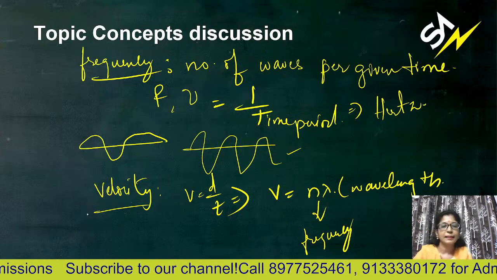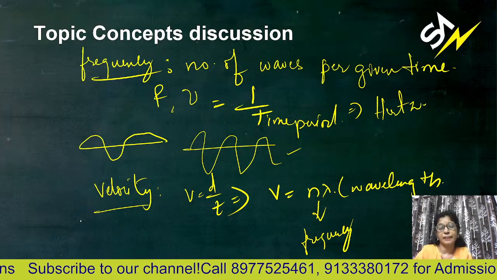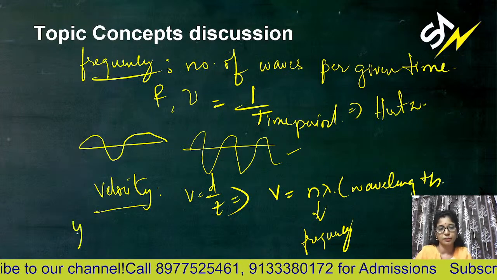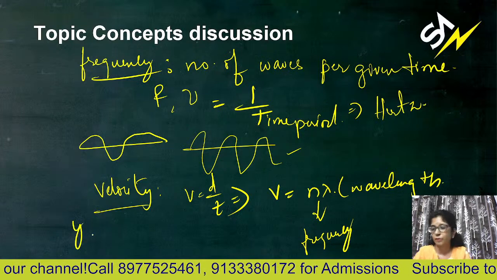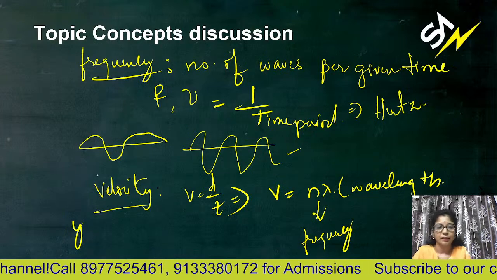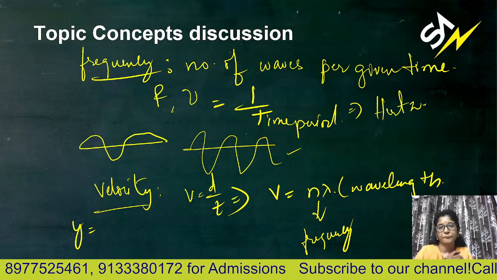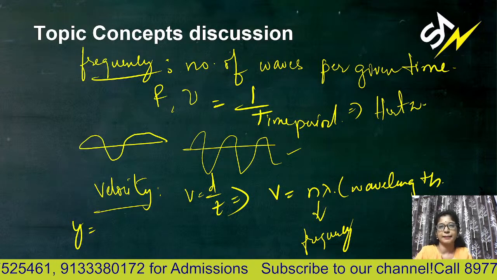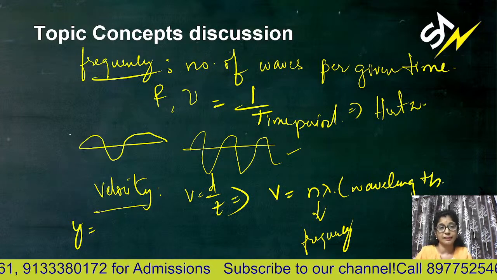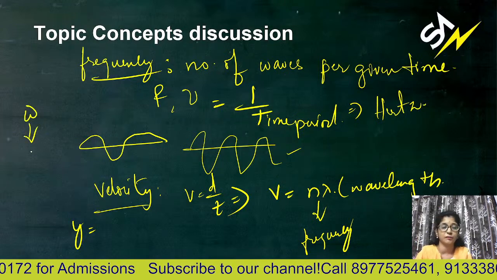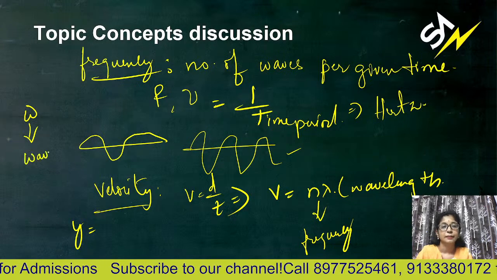Coming to the wave equation, as I told you, y is equals to, what is the wave equation we have? Taking amplitude and omega, we have another thing called omega, which is the wave frequency.